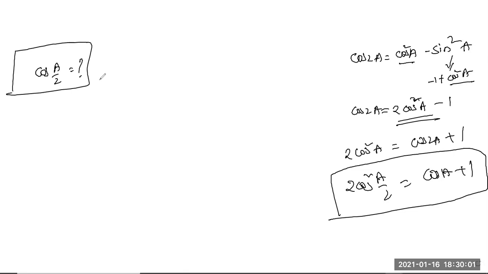So first you take 1 plus cos A. What is cos A in terms of a, b, c by using the cosine rule?